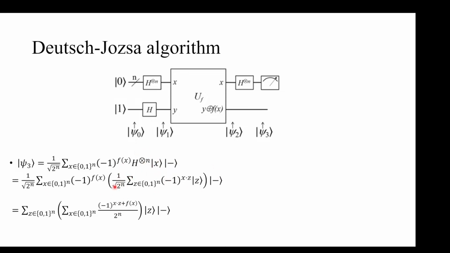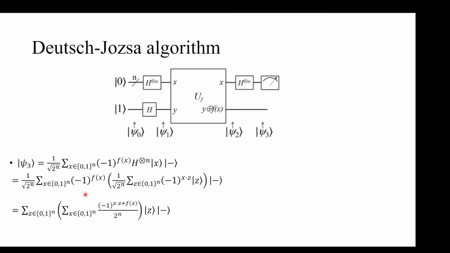It's another 1 over square root 2 to the n, and the summation over all computational basis states. Now we change the name to summation over z, all possible n-bit strings z, and then (-1)^(x·z).